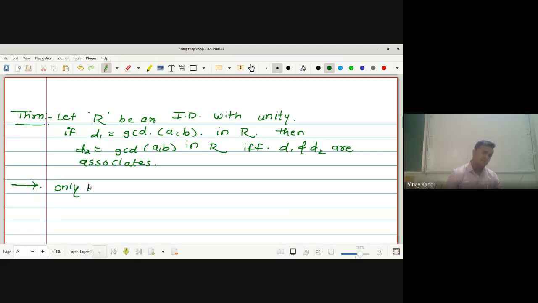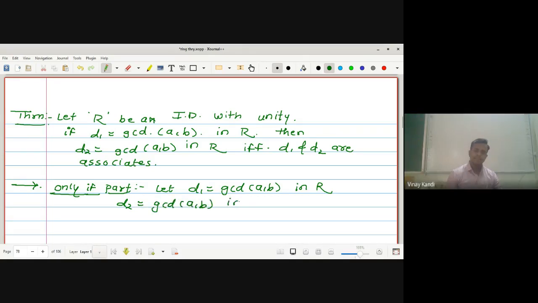Only if part. Let D1 is equal to GCD of A and B in R. I am assuming D2 is equal to GCD of A and B in R, and I have to prove D1 and D2 are associates.